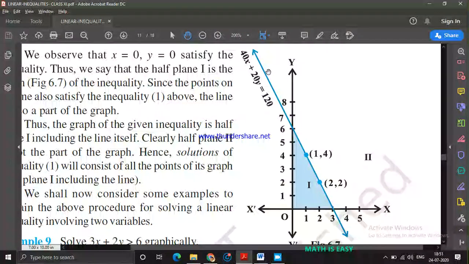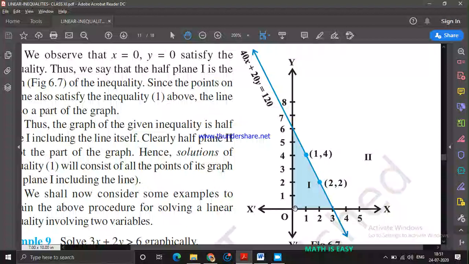Now once I come below the line, everything, even if it comes in the fourth quadrant, the third quadrant, or the second quadrant, every below part will be okay. So everything will be there in the solution set. But I have highlighted only this much part because here there may be a condition x is greater than or equal to 0 and y is also greater than or equal to 0.